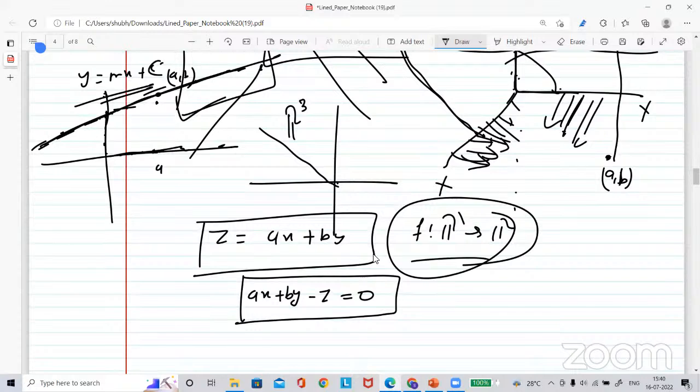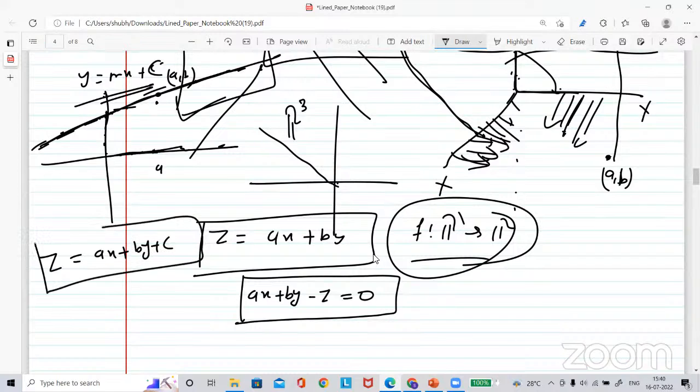I just missed something. Suppose z is equal to ax plus by plus c. This is your tangent plane. Suppose for this function you got this tangent plane. So the corresponding subspace for this affine subspace is ax plus by minus z is equal to 0.